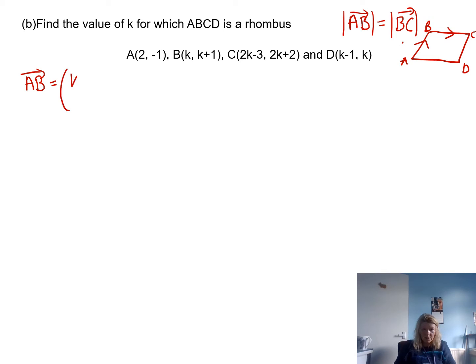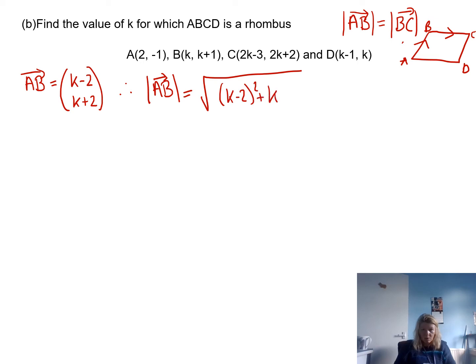We did it a second ago. K take 2, K plus 2. So the length of A to B, bit of Pythagoras. Probably a messy devil.